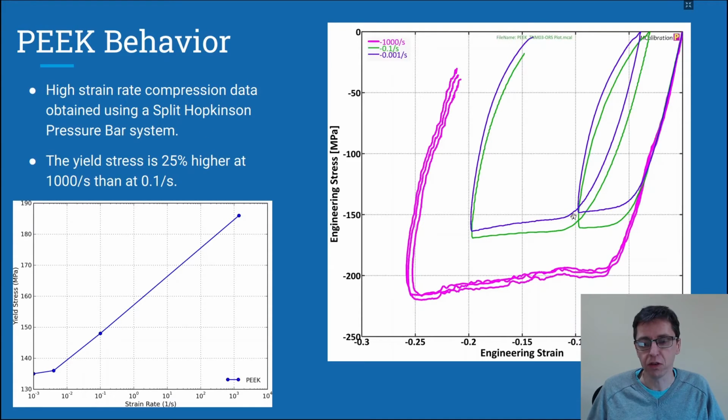We see that the yield stress changes from about 150 to about 200 megapascals as the strain rate increases, a pretty substantial increase. And clearly very important to know if you want to select and calibrate a suitable material model for this kind of material and this kind of application, right?